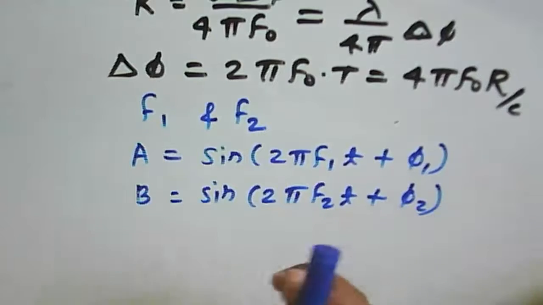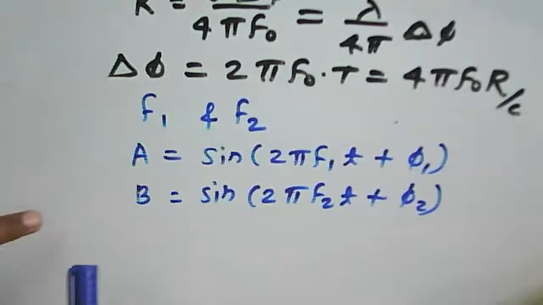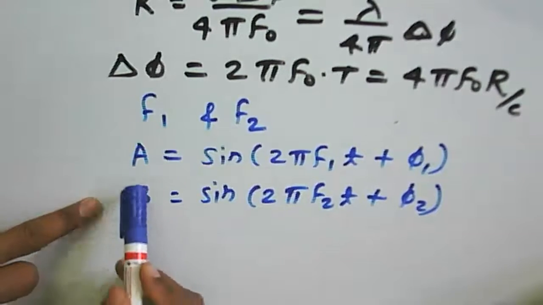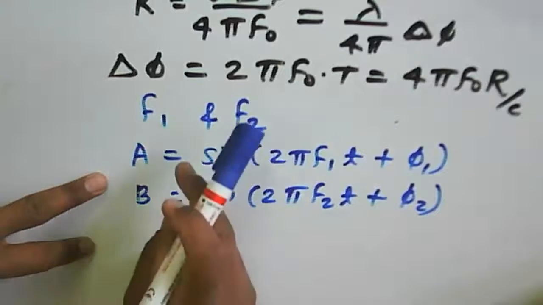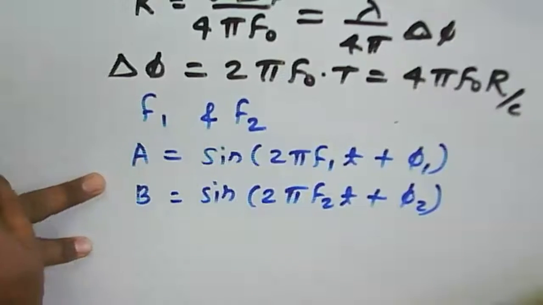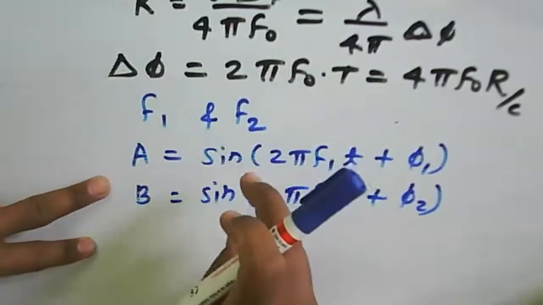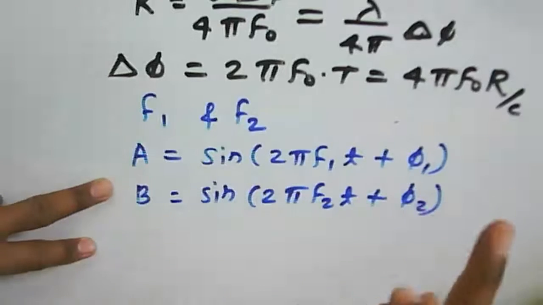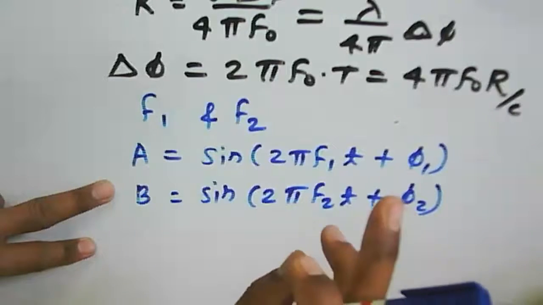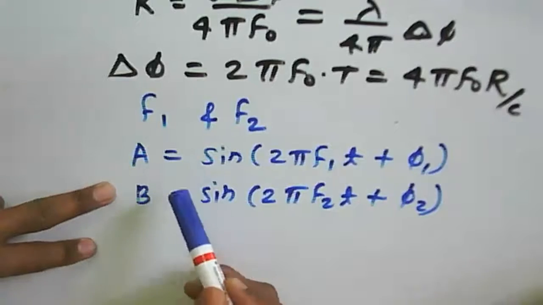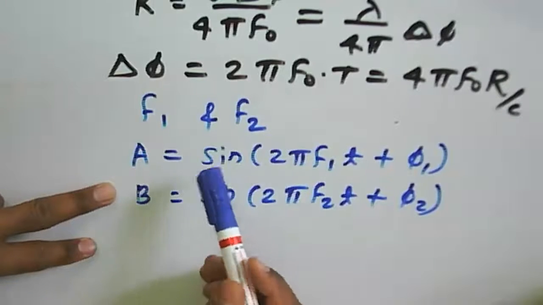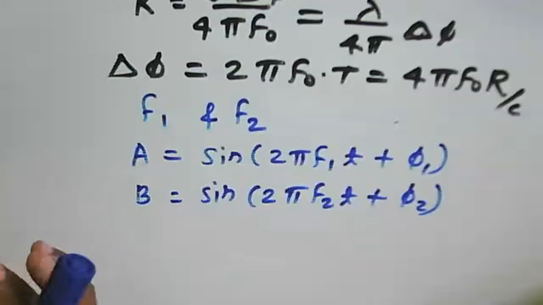For that particular target, what echo signal do we observe for these two signals? The condition is that these two signals have the same amplitude. For our understanding, we consider the amplitude to be unity, and then we will see what happens to the range of the radar.